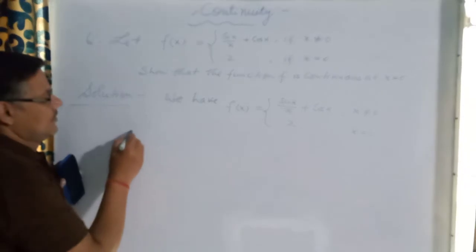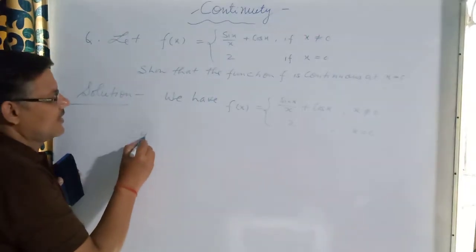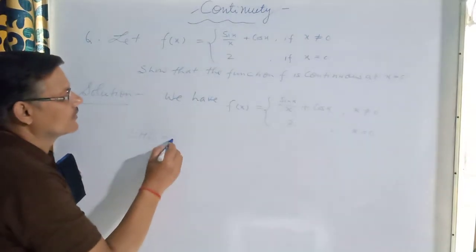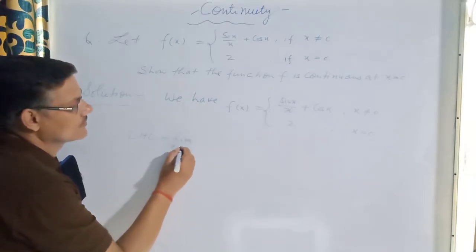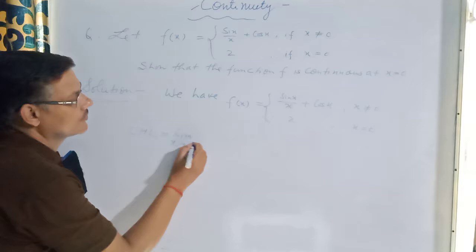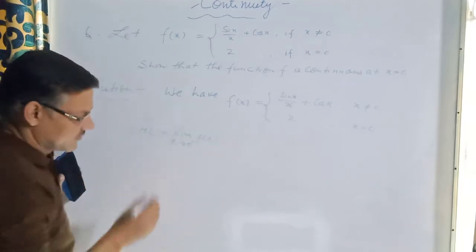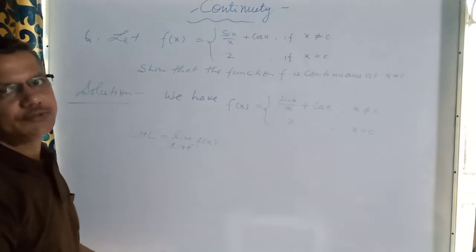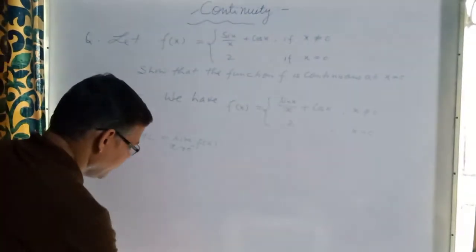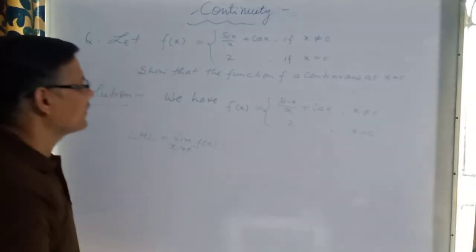Now the left hand limit, by definition, is equal to the limit x tends to 0 from left. Simply, we write, if x tends to 0 from left, then we get the left hand limit. And similarly we find the right limit.